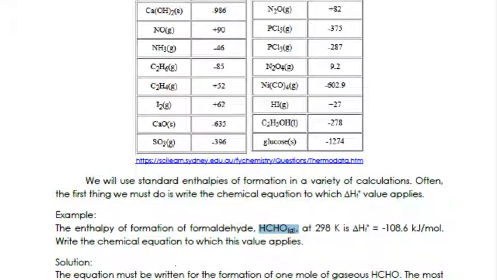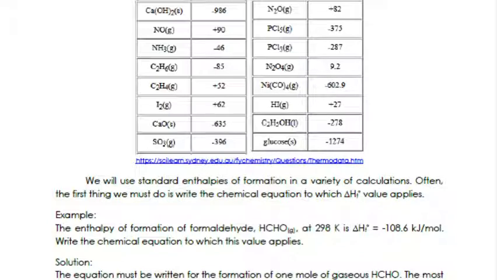So you have H2, then O2, because O cannot exist as 1 atom, so you have O2, but in your desired product, you only need 1 O. So you will multiply it by 1 half so that it can be 1 O. And then for C, we take note of graphite since graphite is the most stable form of carbon.